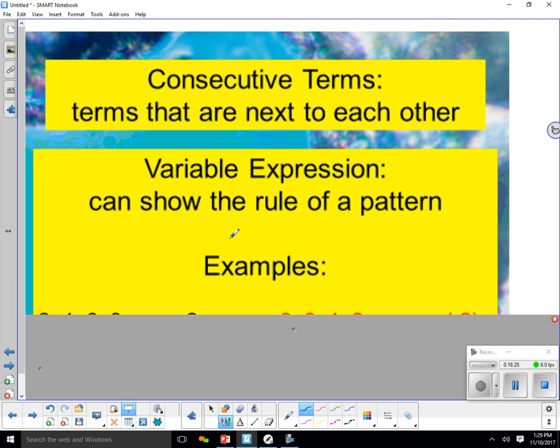And that's what we just did on that previous problem when they said n plus 2. That was our rule. 2 times n, that was our rule. Okay? So a variable expression means that we put a variable in it with our expression that's going to help us make our sequence.